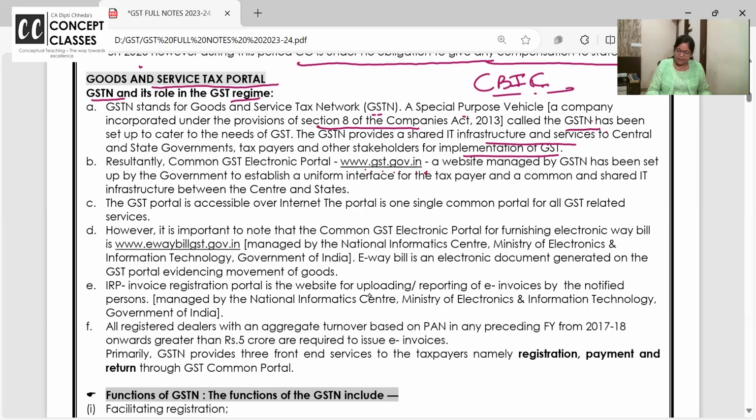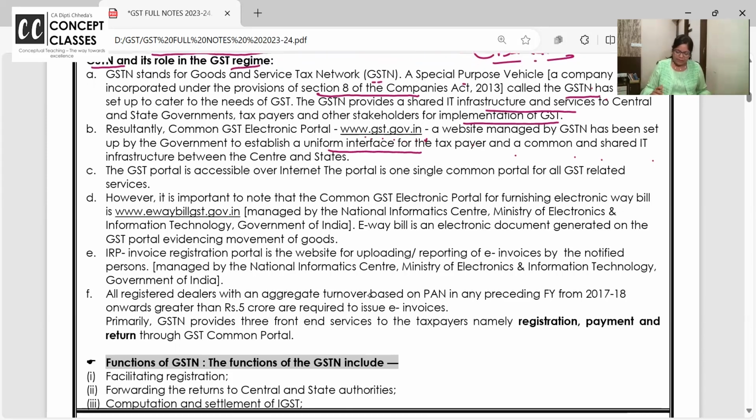www.gst.gov.in, right? And it is a uniform interface for the taxpayer and common and shared infrastructure between center and state. You know, as soon as you do intrastate or interstate, the money gets divided, part goes to the CGST and part to the SGST, automatically. The portal is accessible over the internet. It is one single common portal for all the GST services.